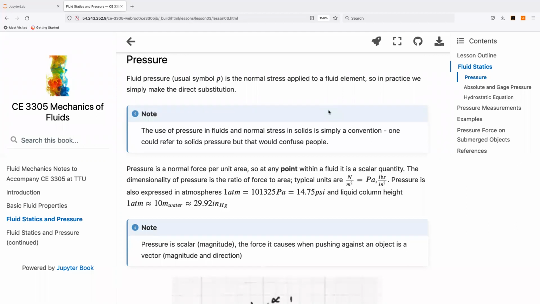So pressure is a normal force per unit area, and at any point in the fluid, it's a scalar quantity. Pressure is an unusual force in that we will go ahead and demonstrate that it doesn't convey much in sense of direction on its own.